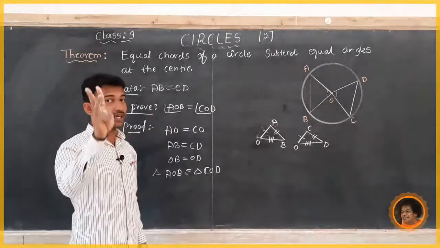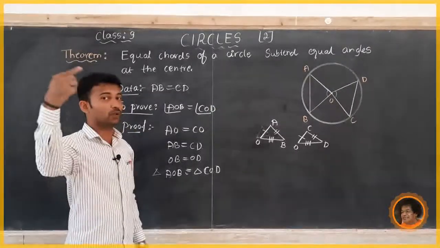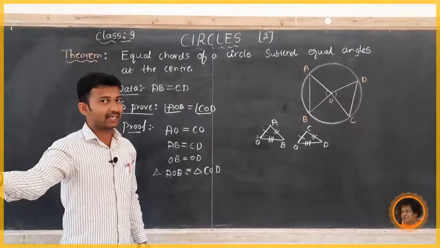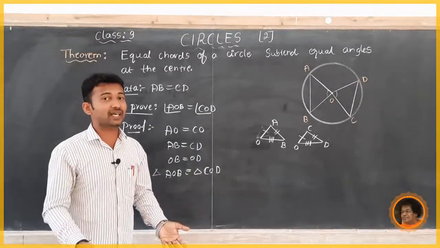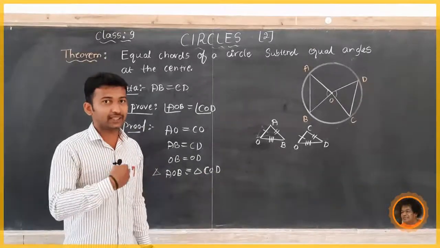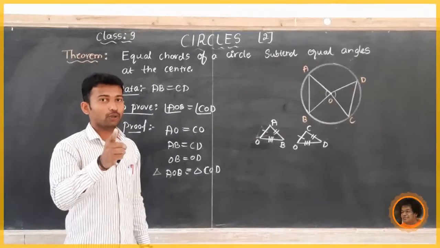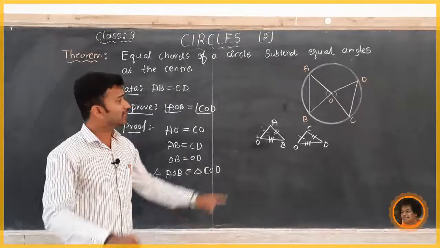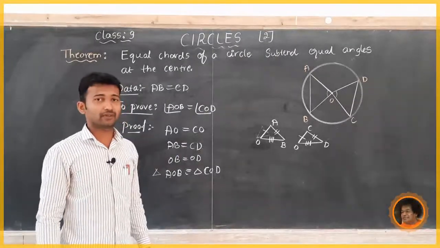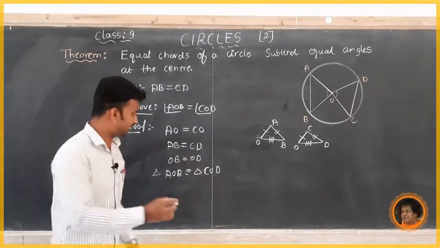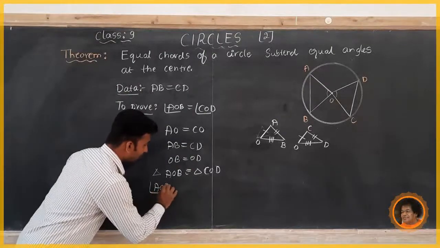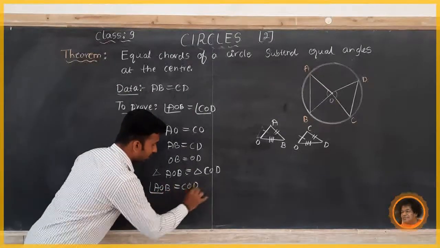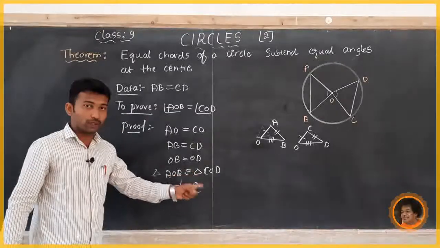We know that if the three sides of one triangle are equal to the three sides of the other triangle, then the rest of the elements are also equal. So we can directly write angle AOB is equal to angle COD.